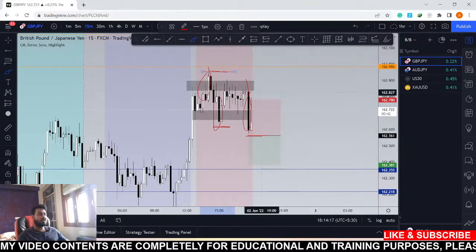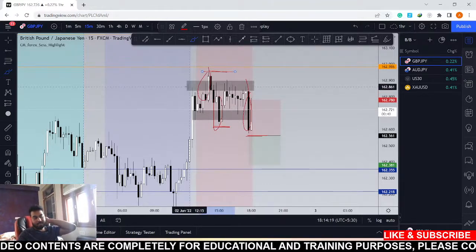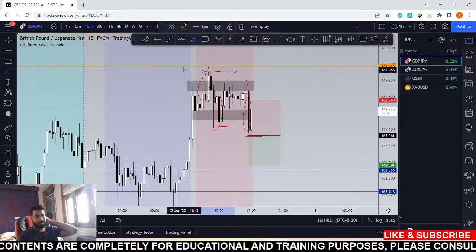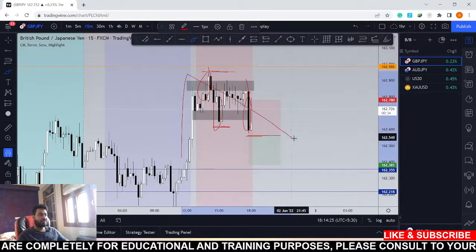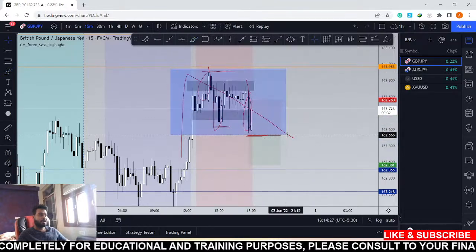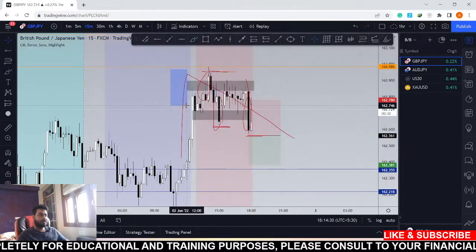I mark my support and resistance on the daily time frame, and then on 15-minute and 5-minute. Daily, 4 hour, major support and resistance, and then 5-minute, 15-minute.